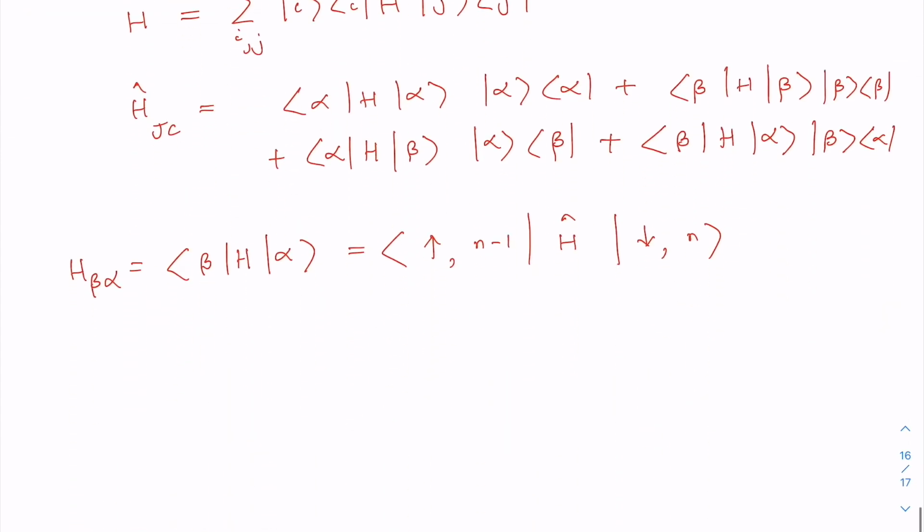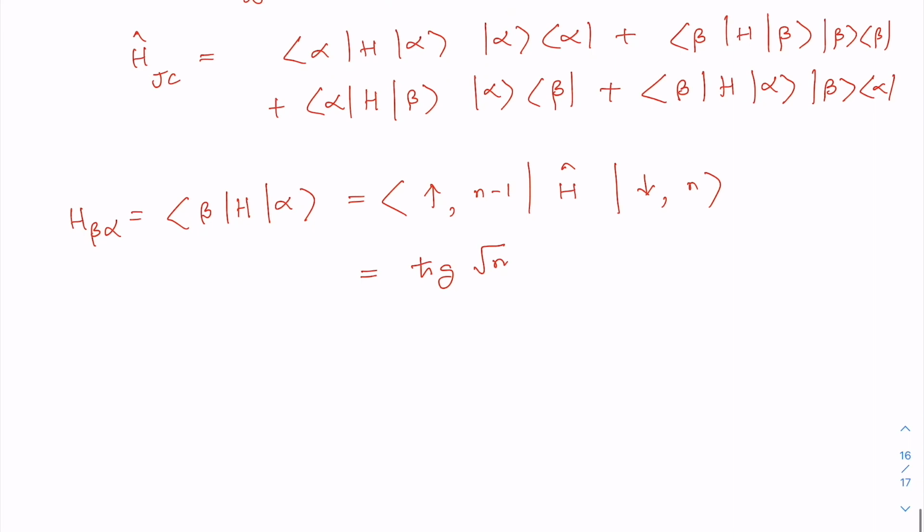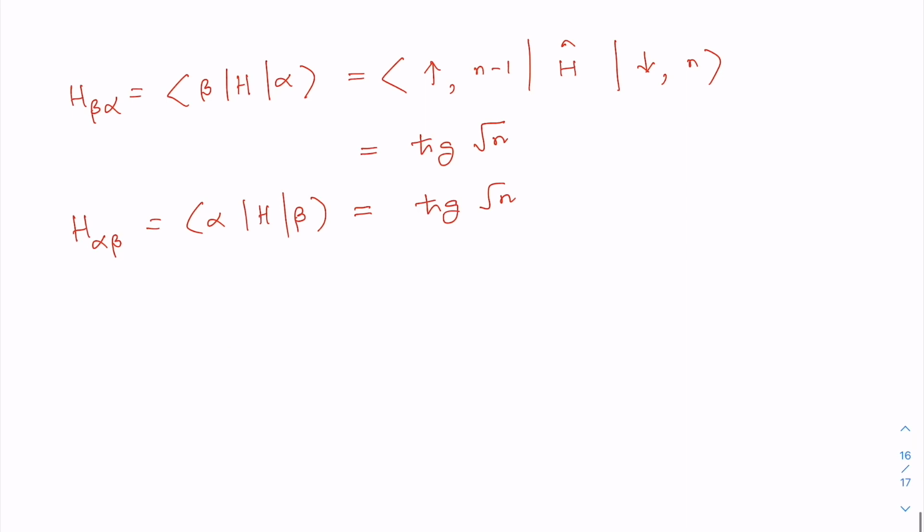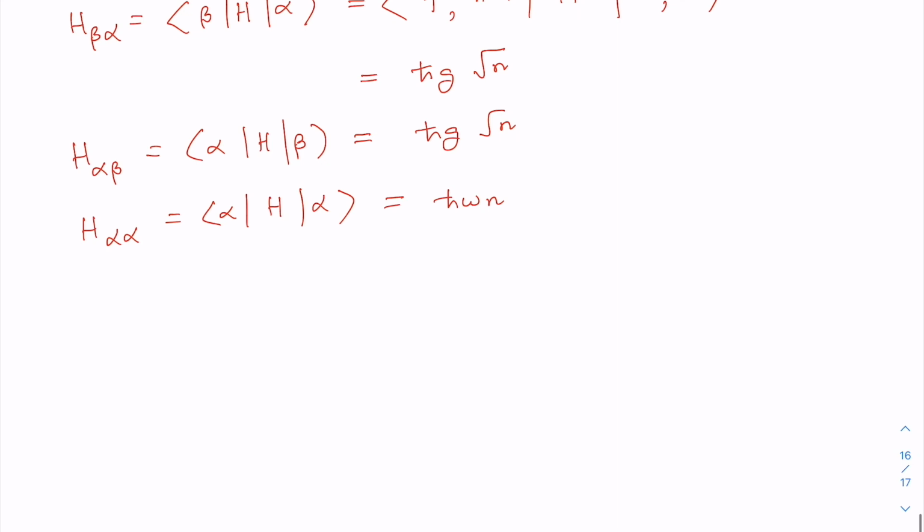So this we have already worked out, and this is simply ħ g √n. Similarly, you can work out ⟨α|H|β⟩. This would also be equal to ħ g √n, and please try to find out what ⟨α|H|α⟩ is, that would be equal to ħωn. You can very easily work it out.